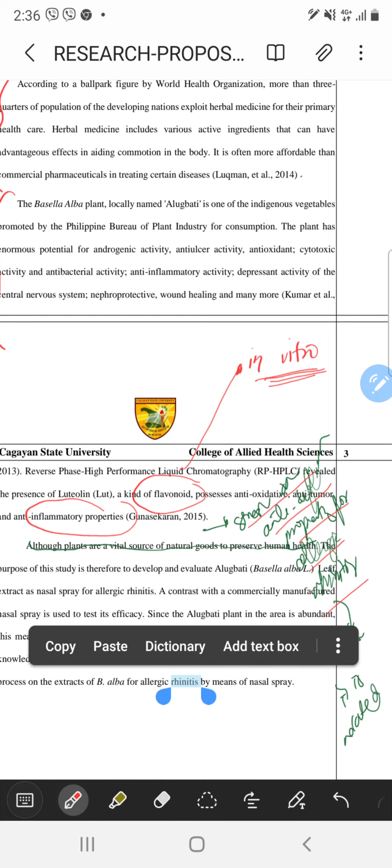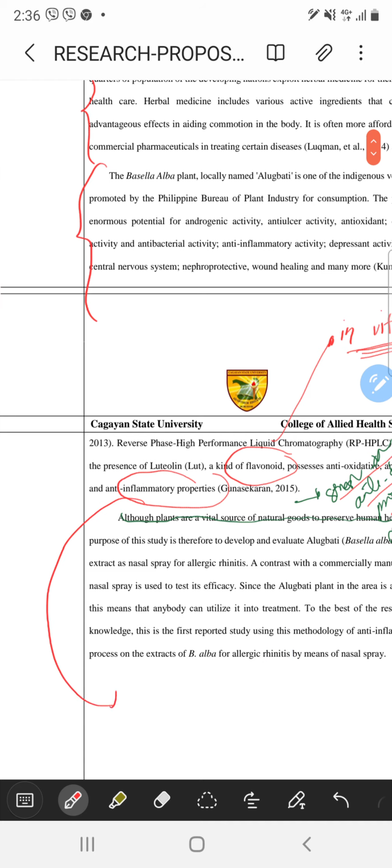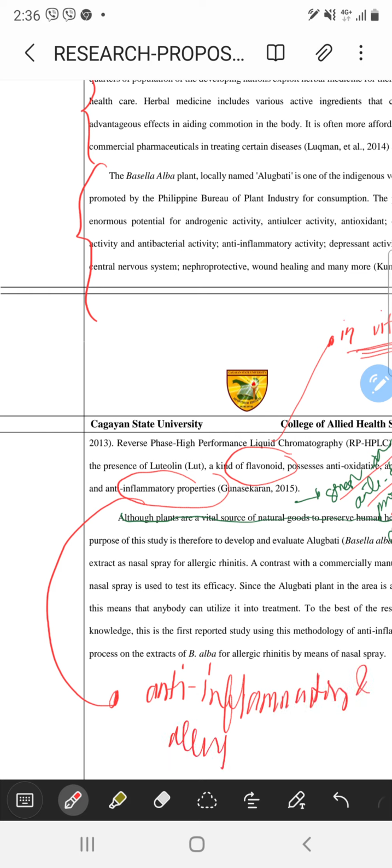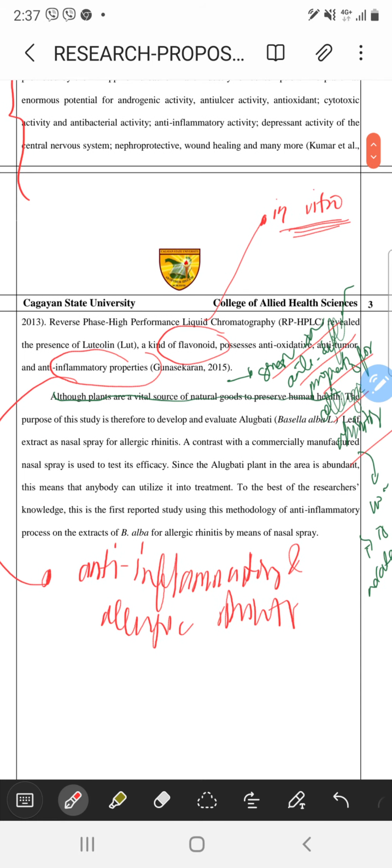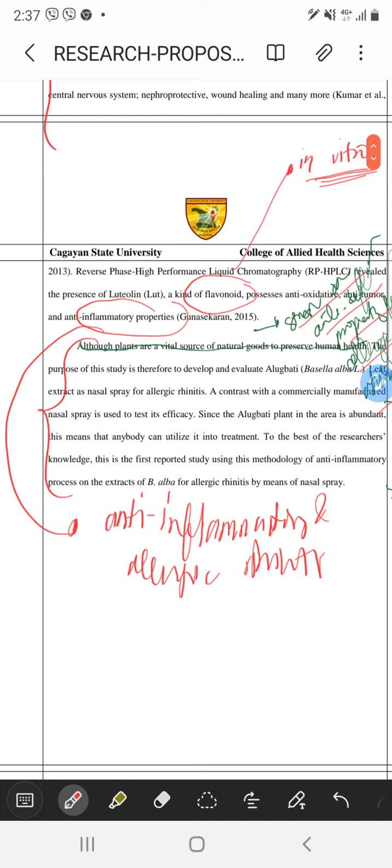Yeah, and then in between here is the link of the anti-inflammatory property and allergic rhinitis. And then you say here, since your Alugbati has anti-inflammatory property, it could be developed and evaluated for allergic rhinitis.